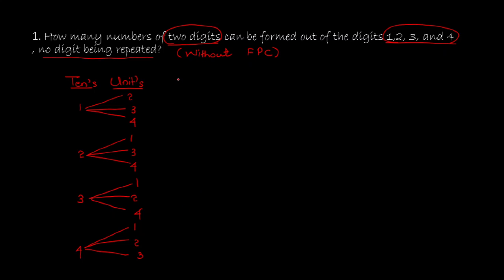From these diagrams, we get the possible numbers. If the tens digit is 1, the units digit can be 2, giving 12.